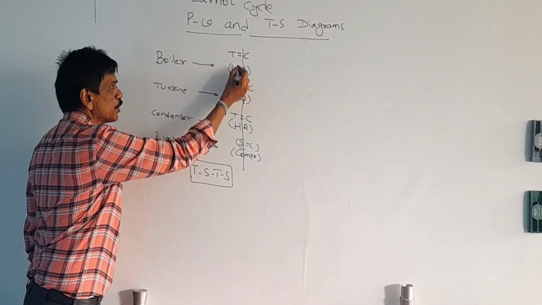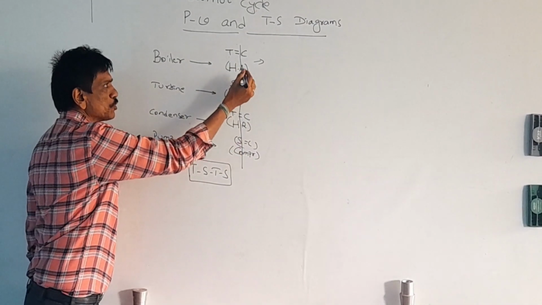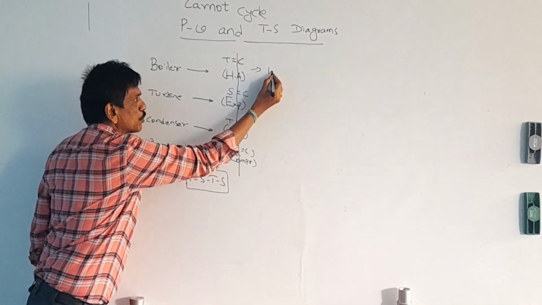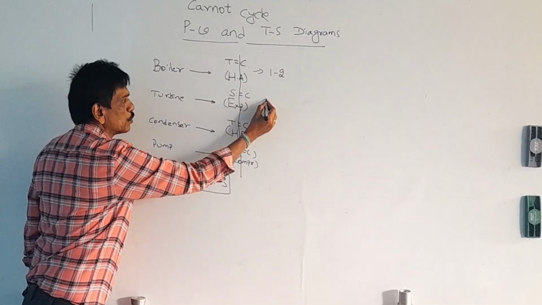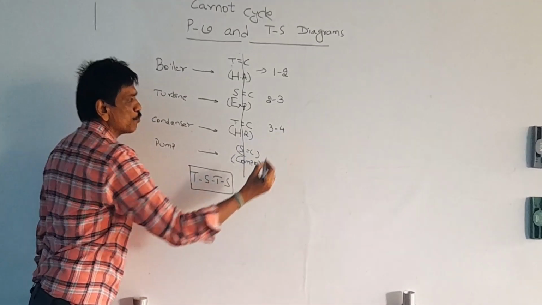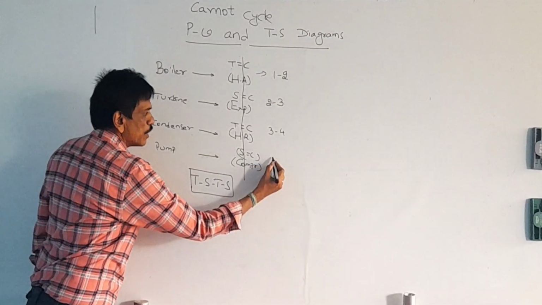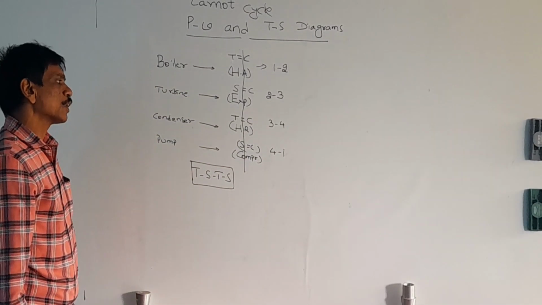So the sequence of operations is this. We can start from any operation. I will start from here. 1 to 2 is the isothermal heat addition and 2 to 3 is the isentropic expansion. 3 to 4 is the constant temperature heat rejection and 4 to 1 is isentropic compression.